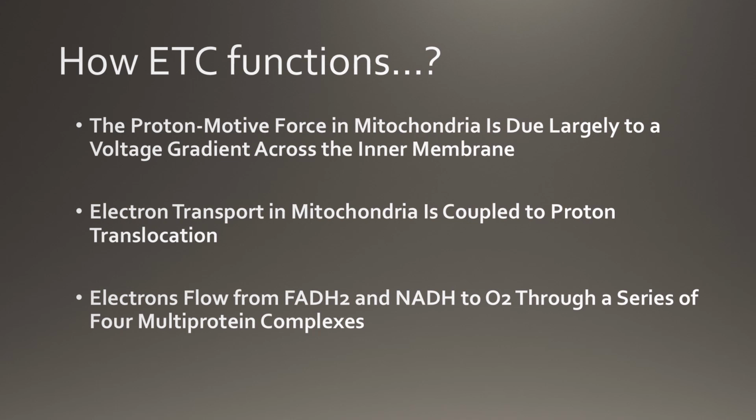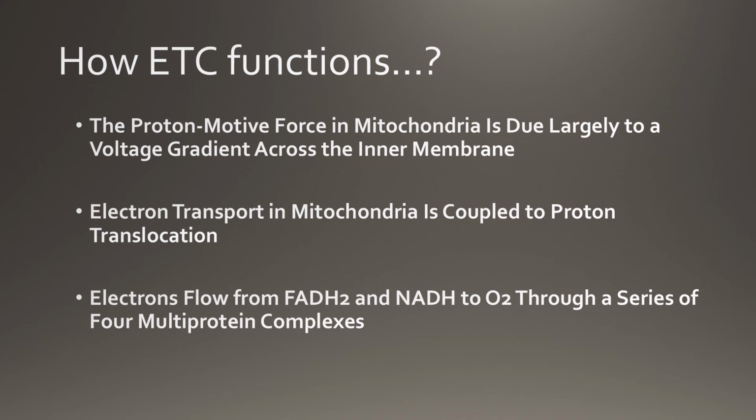In either case, proton movement does not lead to a voltage gradient across the membrane because there is always an equal concentration of positive and negative ions on each side of the membrane. This is the situation in the chloroplast thylakoid membrane during photosynthesis, as we discussed another day. Compared with the chloroplast, a greater portion of the PMF in mitochondria is due to the membrane electrical potential, and the actual pH gradient is smaller.